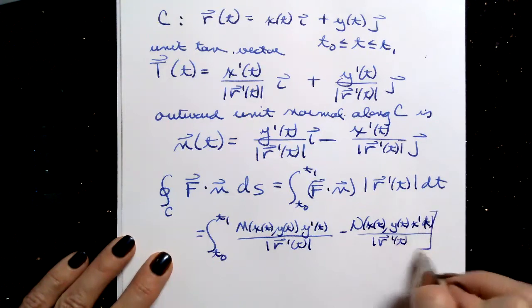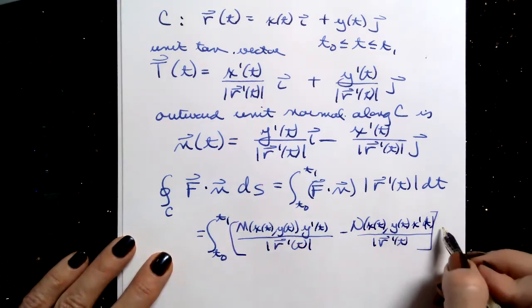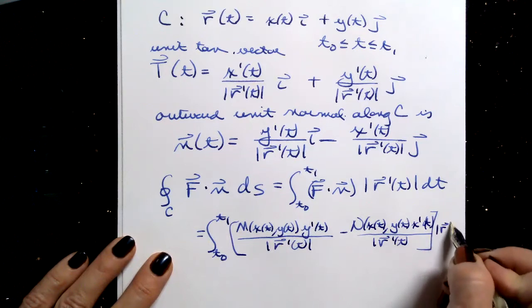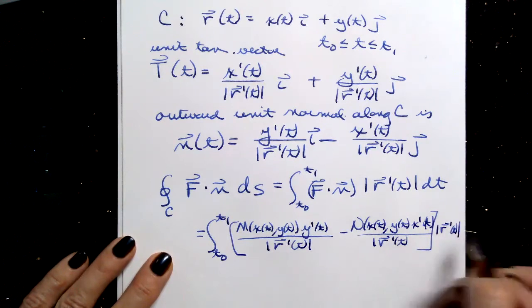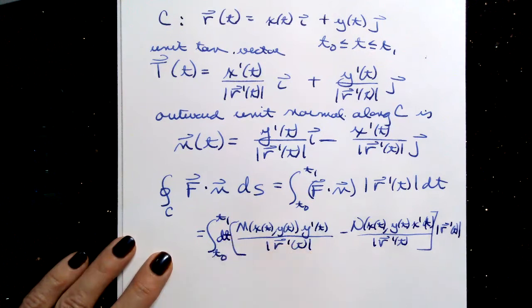So that's the dot product of f with n. And then we have to multiply by the length of r'(t) and dt, which I'll stick over here because I ran out of room.